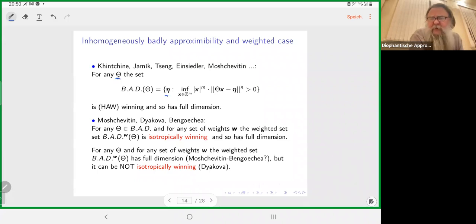Of course, it is a zero set, but nevertheless it has full Hausdorff dimension, and it is winning in many senses. It is winning in Schmidt's sense, but now it is more popular to use the hyperplane absolutely winning property. So it is hyperplane absolutely winning.